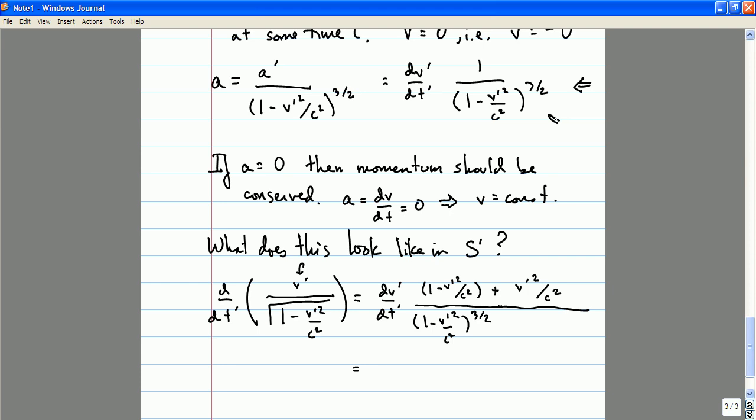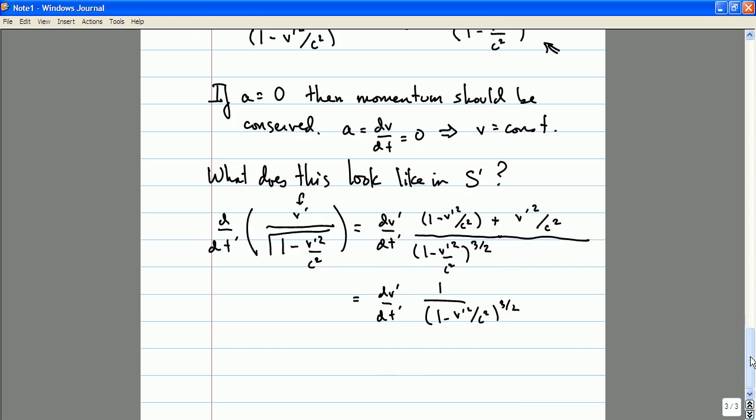So dv prime by dt prime times 1 over the 3/2 power of 1 minus v prime squared over c squared. So, the statement that the velocity v is conserved in the frame S is the same as the statement that the quantity v prime over the square root of 1 minus v prime squared over c squared is conserved in the S prime frame.